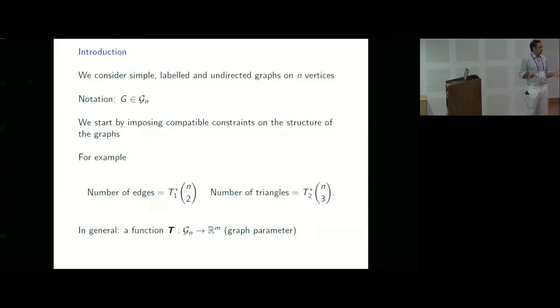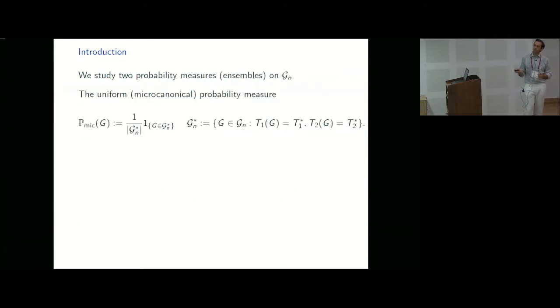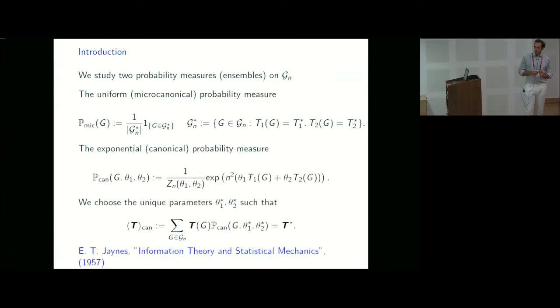In the dense regime, the number of edges scales like n squared, the number of triangles scales like n cubed, and this is a constant fraction of this constraint.